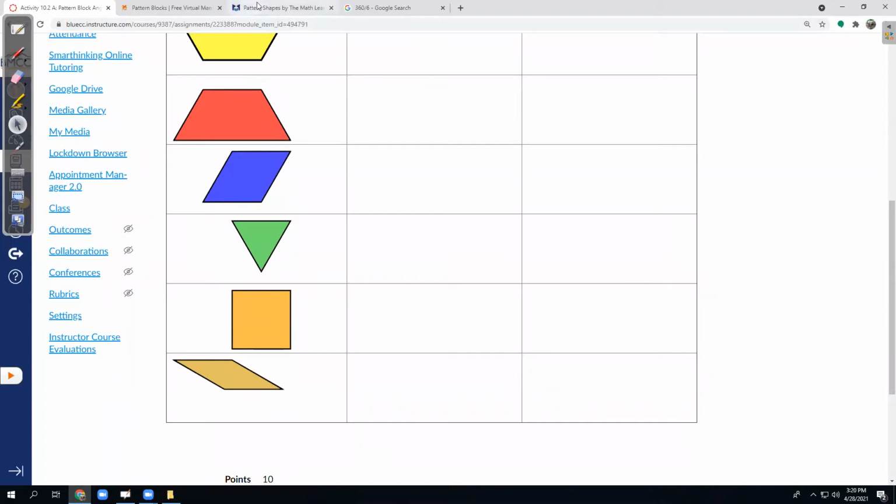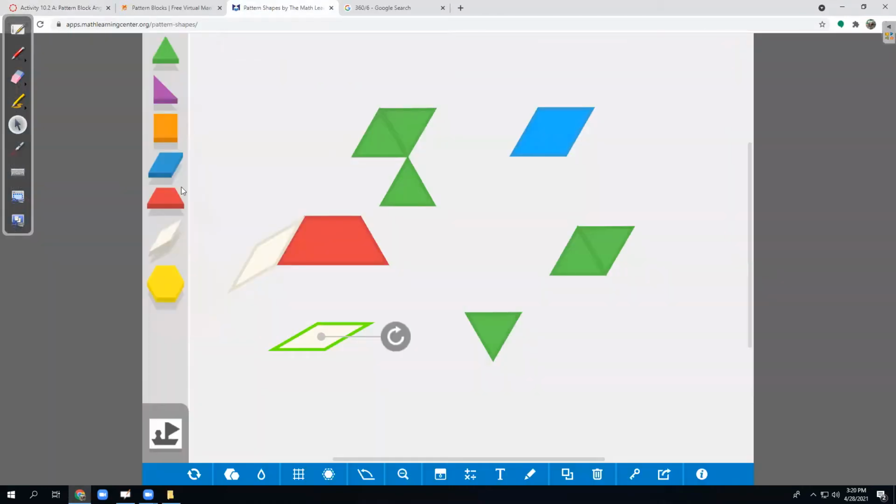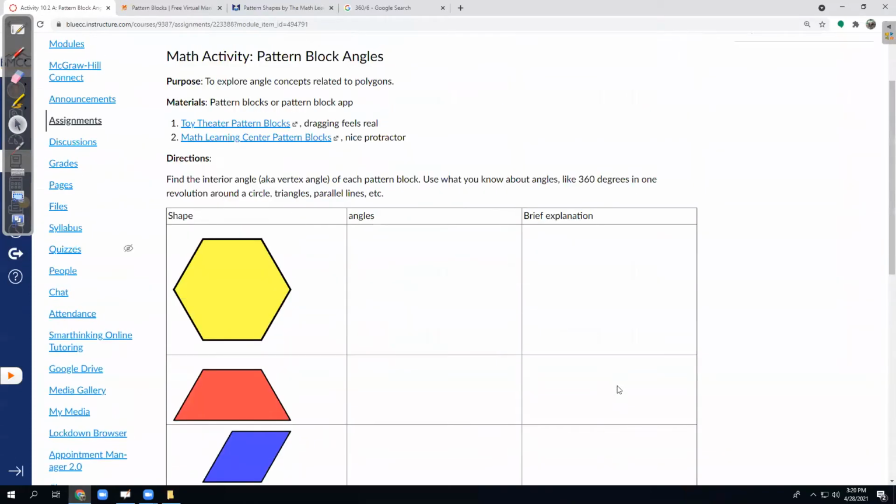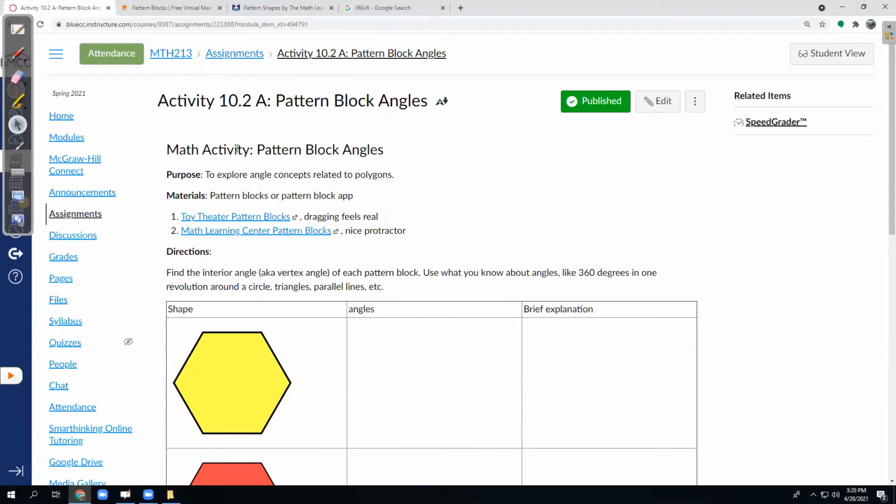And again, to double check that, we would just make sure that 1, 2, 3, 4 of them, 4 times 90 should be 360, just to double check that. To make a note of what the angles are, and then a brief explanation of how you came to that conclusion. So that is the pattern block angles.